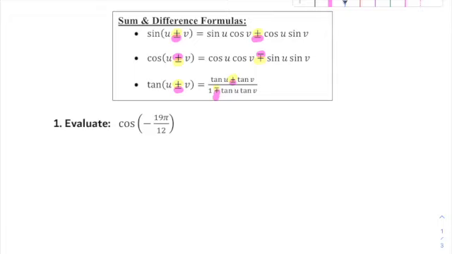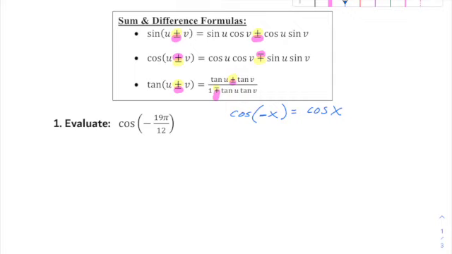But this is a nice little thing to remember is your odd and even identities. And remember, all trig functions are odd or even. Cosine is an even function, meaning that cosine of negative x is always equal to cosine of x. That's what an even function is, right? F of negative x equals f of x, symmetric over the y-axis, which cosine is.